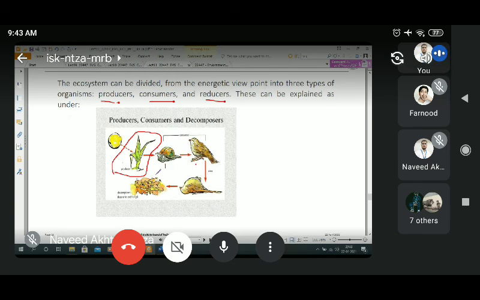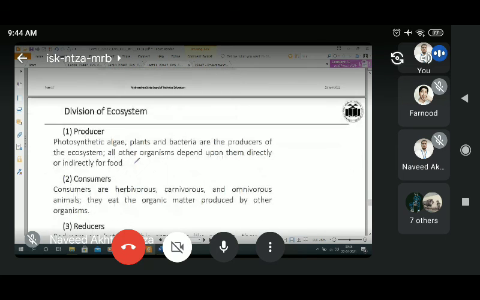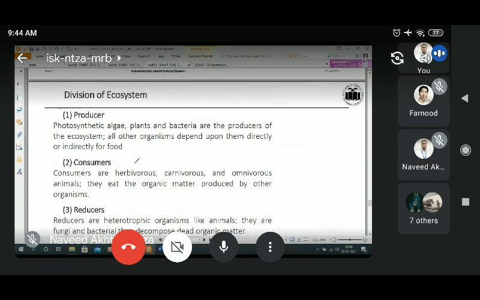They are eating the plant, and they are simultaneously reducing, and after the death of the animal, they are decomposing, and again these nutrients are utilized by the plants to grow. So in this division of ecosystem, the producers are algae, plants, and bacteria.